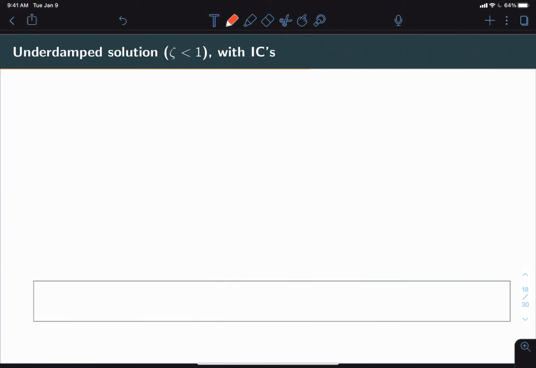Alright, so the last thing to do is to apply the initial conditions in order to solve for those coefficients. So let's rewrite our solution here first. This is the general solution for displacement. Now let's take the derivative of that solution to get the general solution for velocity. Note that here we have the product of two functions with respect to t, so we can apply the product rule.